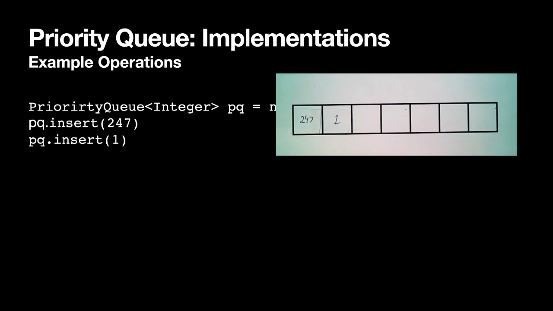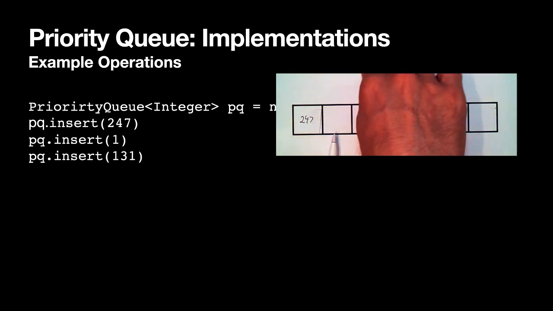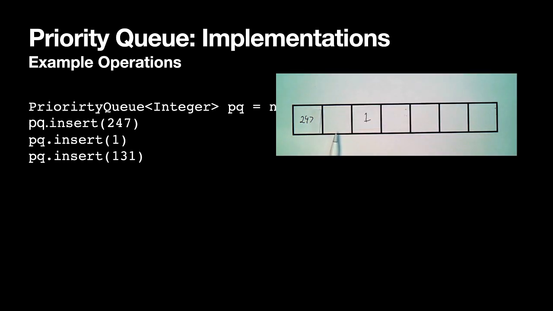Let's do another insert. In this case, I'm going to insert 131. Again, I'll start at the beginning. 131 comes after 247, again we're going in descending order, but it comes before 1. So I'm going to have to start here and shift everything over to create a space, and then insert the 131.